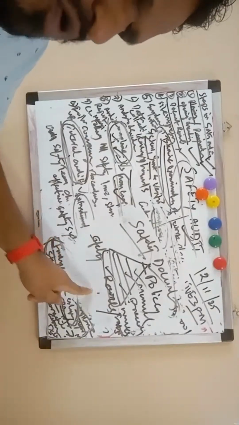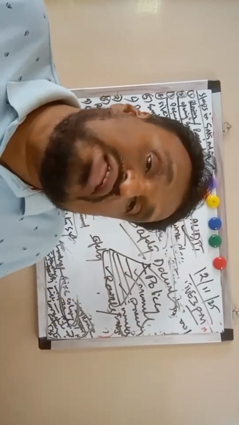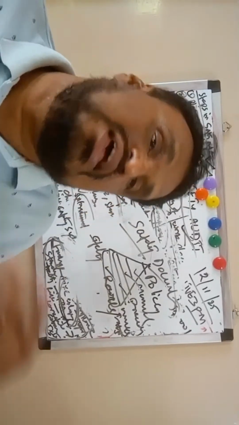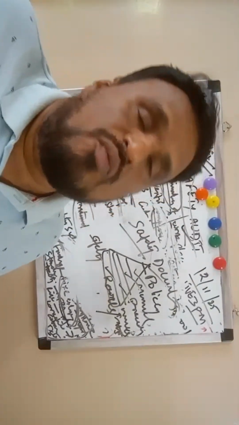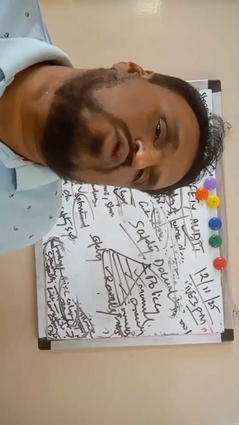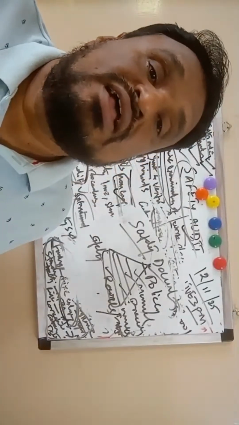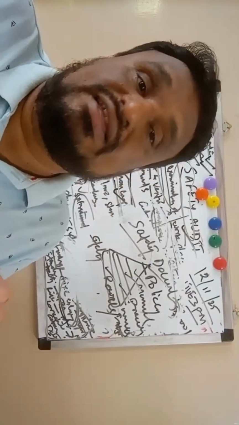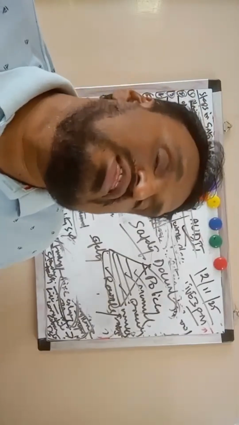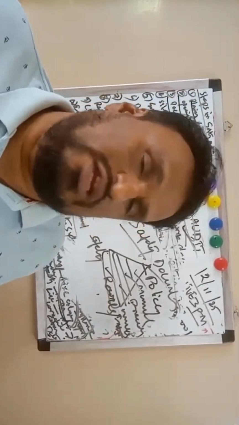Then after the document reviews, they check what the safety standard says and what the difference is between the safety standards and the documents, whether documents are properly in place, and whether there is any non-conformity in the safety documents. Everything is observed by the safety auditors.